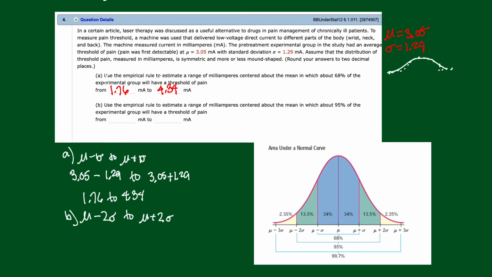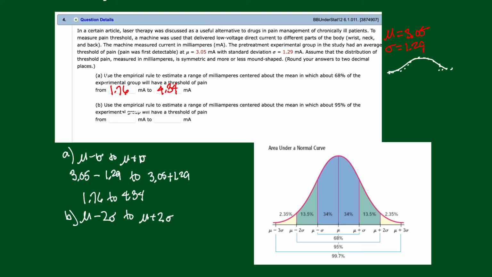Now part B says, use the empirical rule to estimate the range in which we're going to get 95%. Follow 95% down to your picture here. It goes from mu minus 2 sigma to mu plus 2 sigma. This is going to get us 95%.